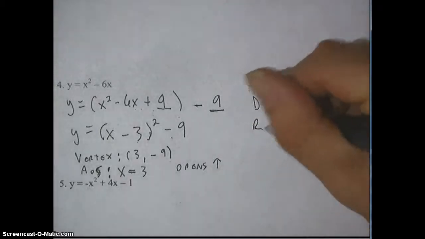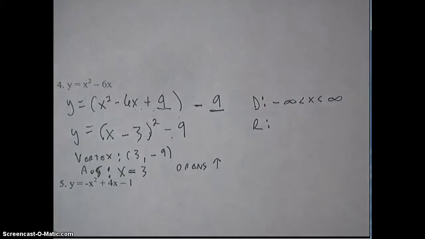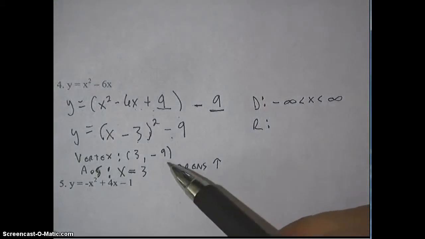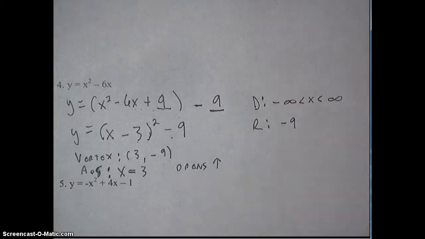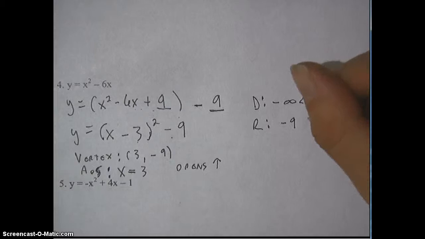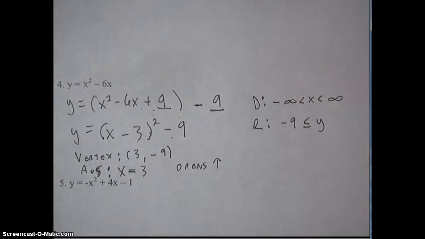The range is what's going to change. And the lowest y here is negative 9. So negative 9. And then it goes up forever. So y is greater than or equal to negative 9.